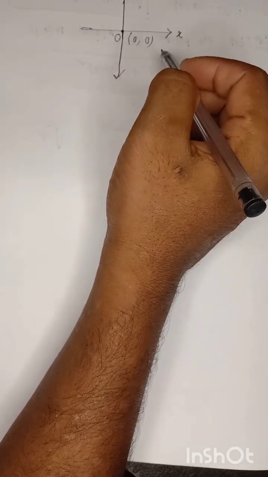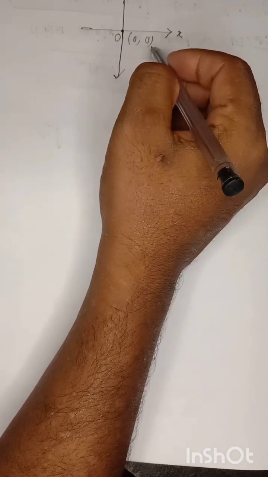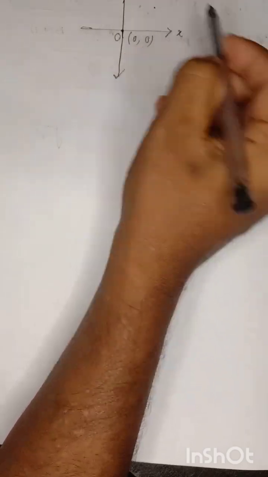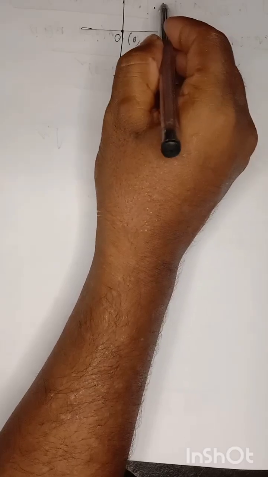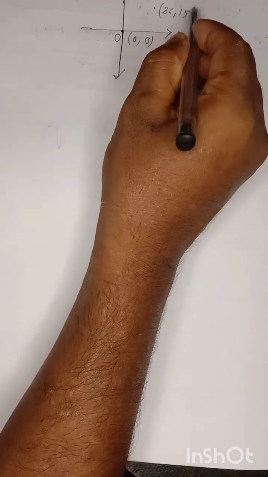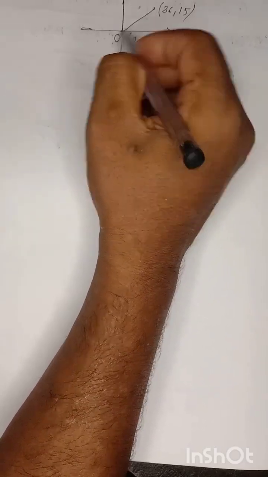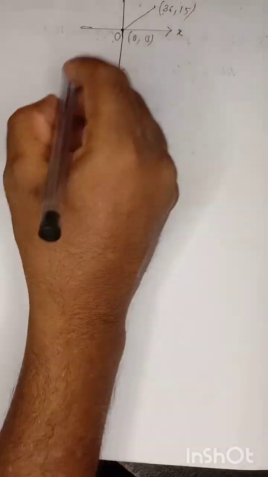Now 2 points are given, one coordinate is 0, 0 and another is given. We have to assume that the point is there where the location coordinates are 36 and 15. We have to find out the distance between the origin and that particular point.